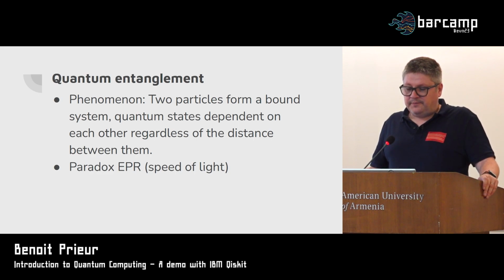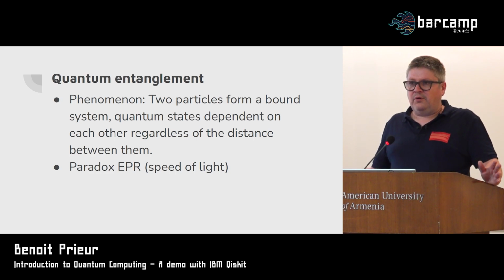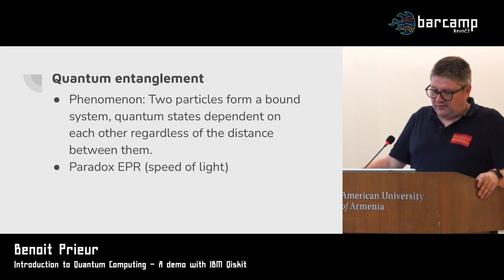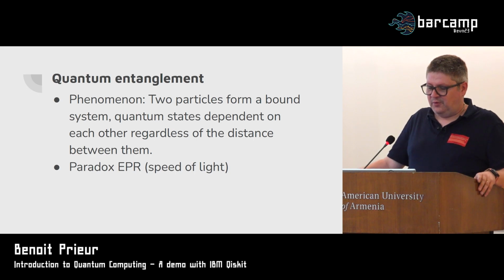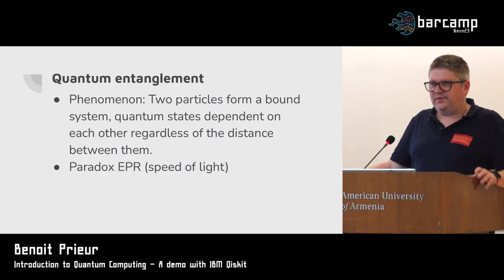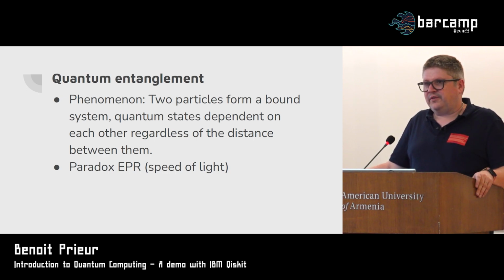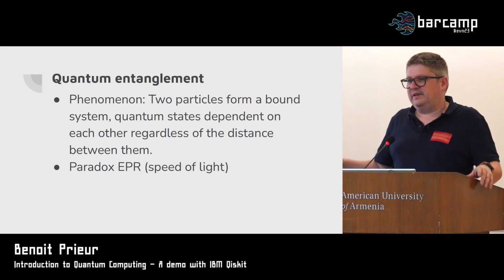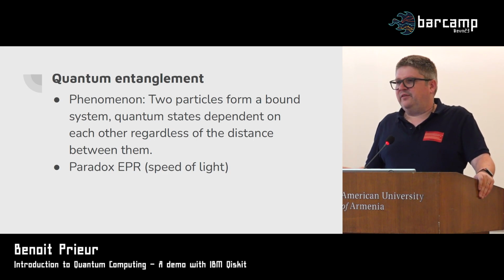It was a reason of scientific controversy quite a long time ago between Einstein and Niels Bohr. Einstein was thinking it was not really possible. There was something strange. The explanation for him was there is something we don't know. He named that hidden variables.